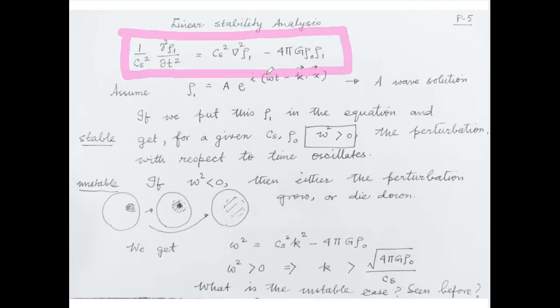Here, omega is the oscillation frequency of the wave, and k is the wave number. So the inverse of k gives you the wavelength. This corresponds to one wave. If I have the x-axis here, this is one wavelength of the wave.